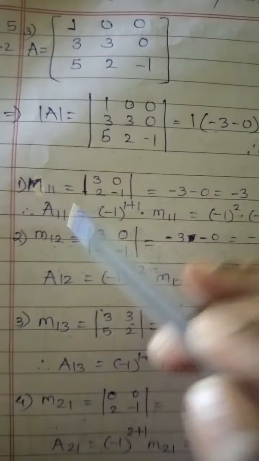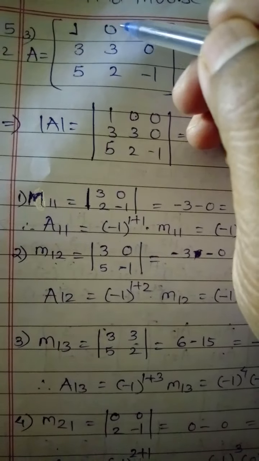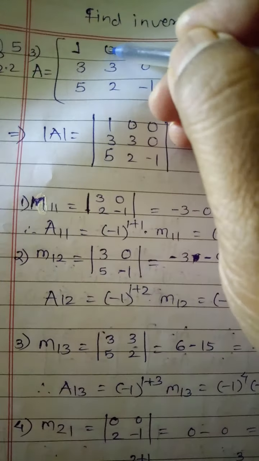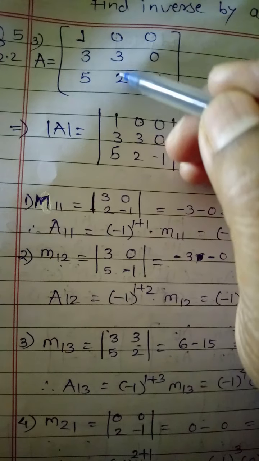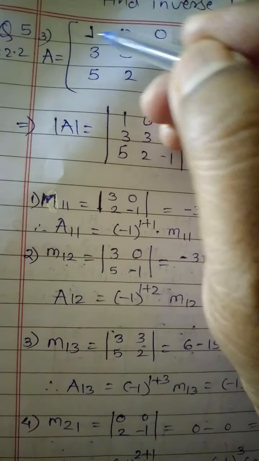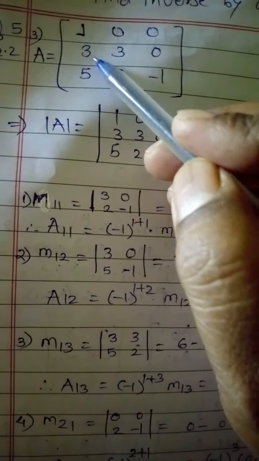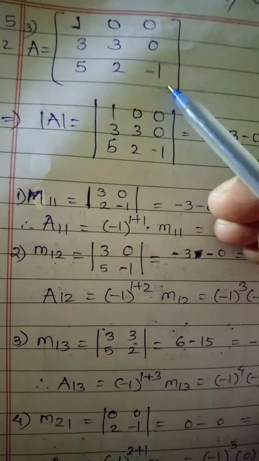Now see the position of M12. So here is the position of M12. You have to draw an imaginary vertical line and one horizontal line, and the remaining elements are 3, 0, 5 and -1.